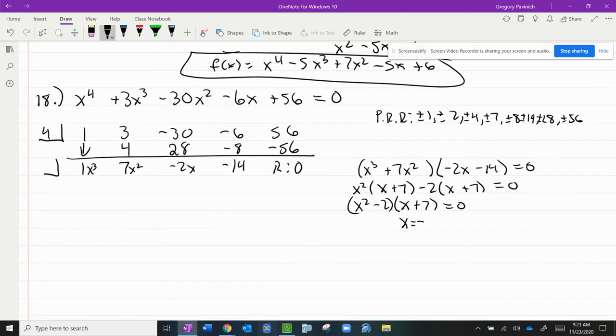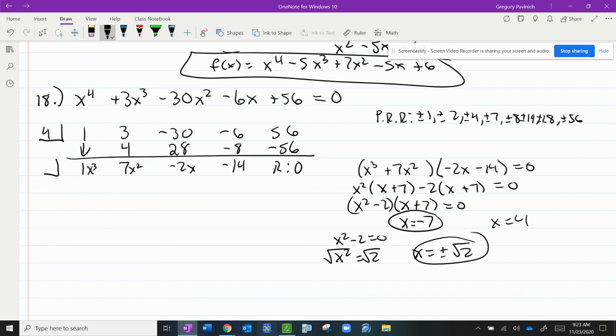I would have gotten x equals negative 7 as my other solution. And then I had x squared minus 2 equals 0, x squared equals 2. This time I get 2 more, they're irrational. So these are all real. So x equals negative 7, and square root of 2 and negative square root of 2.